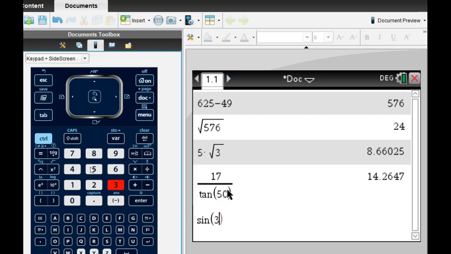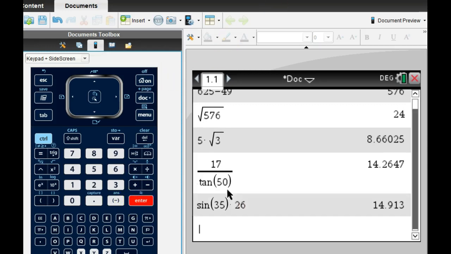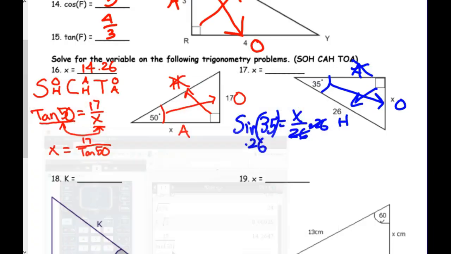Sine 35, end the parentheses times 26. I get 14.91. And that would be units, whatever the units are.